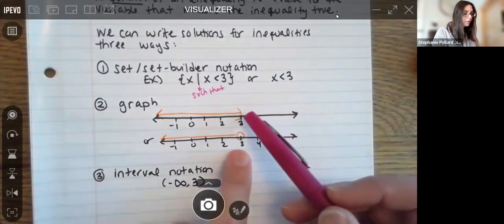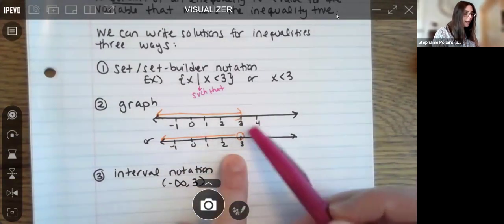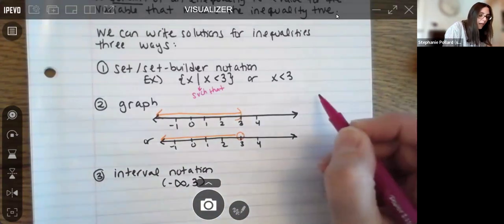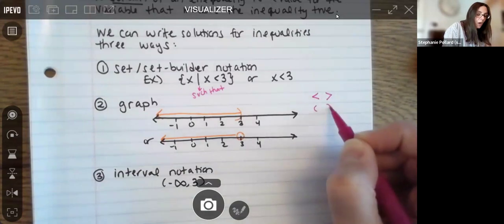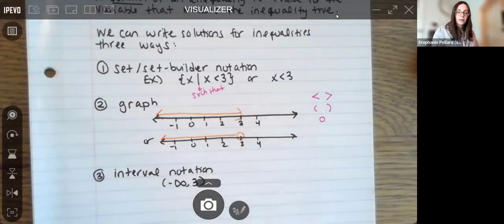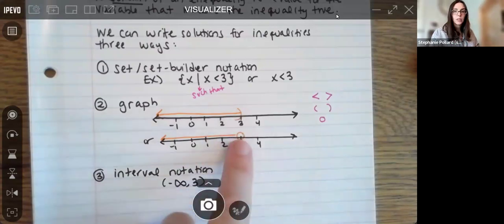When we get to the value of 3, we do need to have a notation there. And what you're going to notice is that when you have a less than or greater than symbol, we typically use parentheses, or you can use an open circle there. Now you're going to notice as we get into higher mathematics, we don't use the open circle for graphing in this example as much.